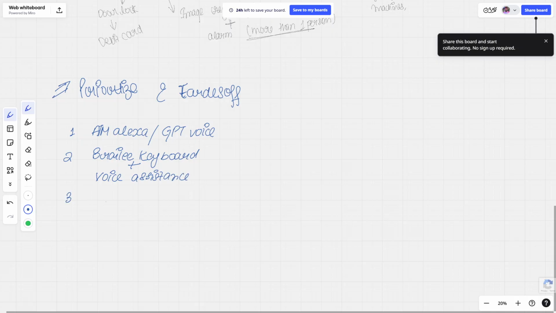The third one is the camera with image recognition, and the fourth one is a door lock plus alarm.